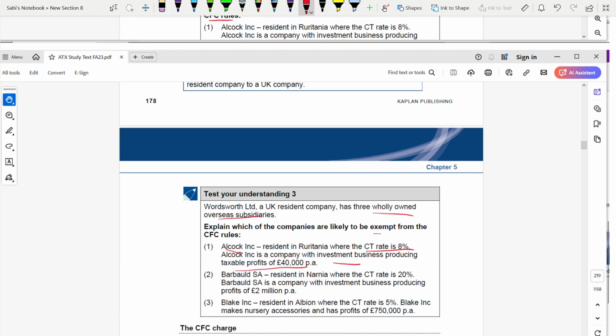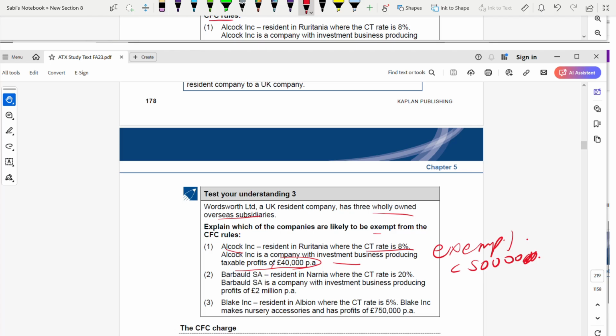Tell me, first one will be exempt or not? This will be exempt. This will be exempt from CFC charge. Why? See the profit. Very easy. Taxable profit is below 500,000. Sorry, below 50,000. It's from trading, right?